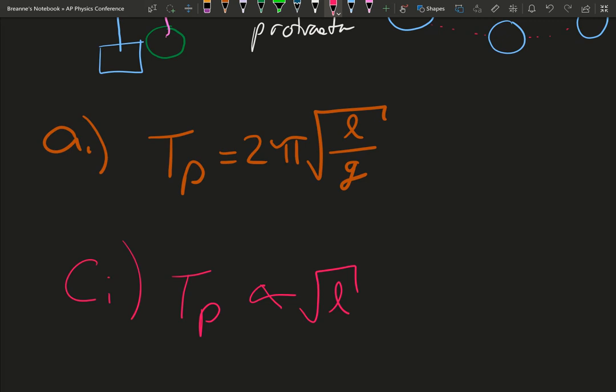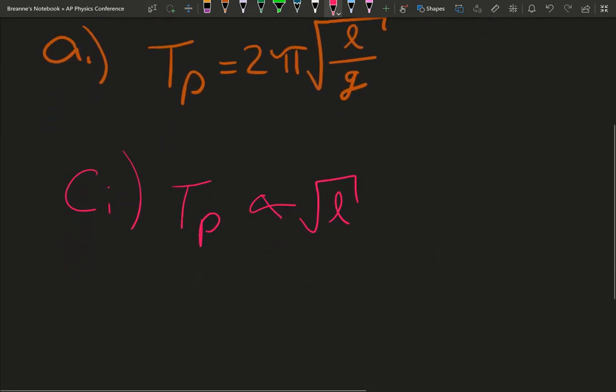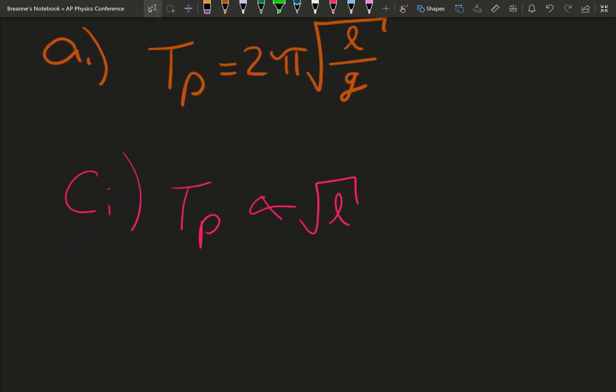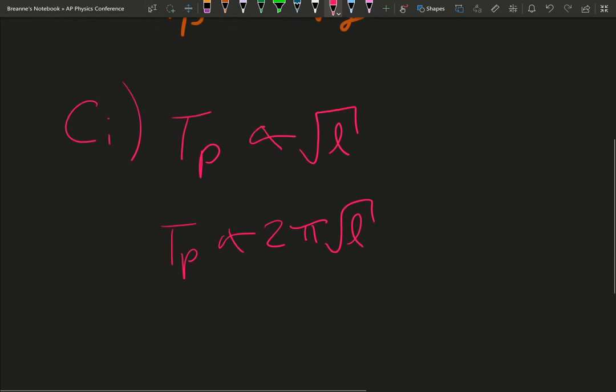And you can do any form or fashion of this. There's all kinds of different ways. That's just the basic you pull from the equation. If you want to get fancy, and I'm looking at the key here, which is new, they said they would accept, if you pulled the 2 pi, so if you took everything but g, they would accept that. And like I said, you can do any variation.